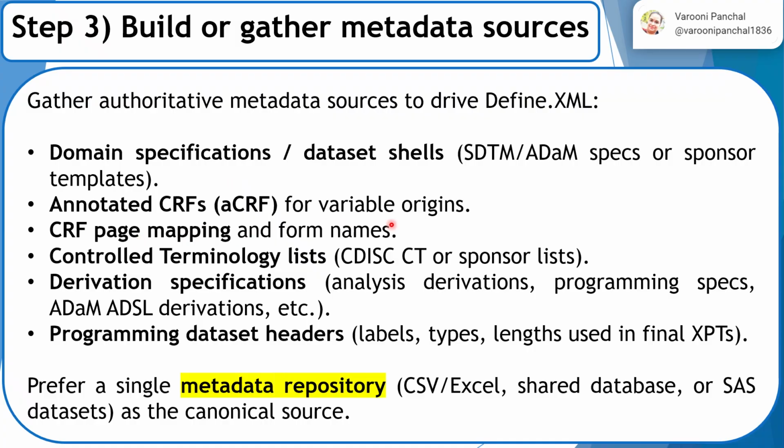Annotated CRF for variable origins, CRF page mapping and form names, controlled terminology lists, which are CDISC CT or sponsor lists, and derivation specifications, for example, analysis derivations, programming specs, ADaM ADSL derivations, etc. Programming dataset headers, labels, types, and lengths used in final XPTs. Prefer a single metadata repository, that is CSV, Excel, shared database, or SAS datasets, as the canonical source.